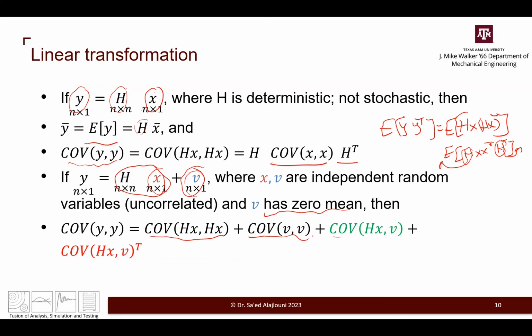But in this case x and v are uncorrelated, so the cross covariance is going to be 0. So eventually the covariance of y is the autocovariance of h x, and then we have the covariance of the noise, the autocovariance of v.